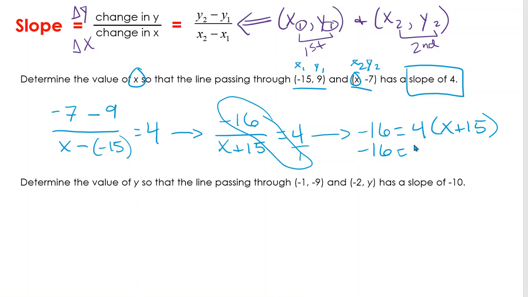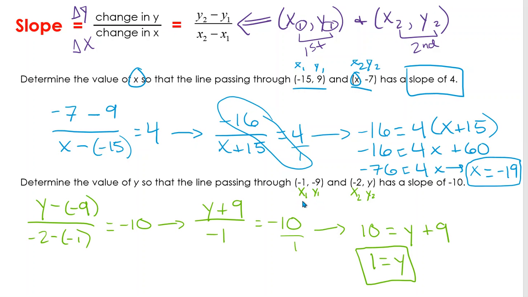So we can keep going. We get 4x plus 60, and we can continue to solve. So -16 minus 60 is -76, equal to 4x, and if we divide that out, we'll get that x equals -19. Go ahead and pause the video and try the second one on your own.